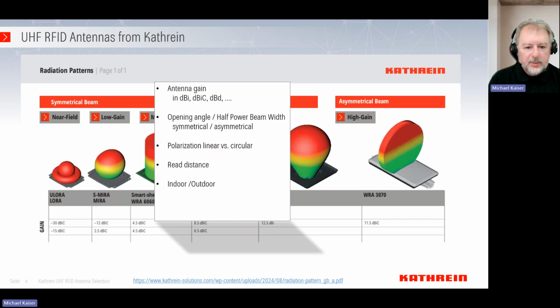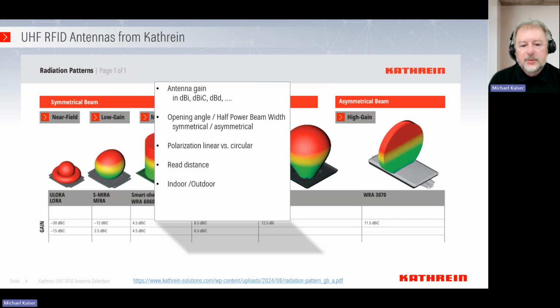The most important parameter of these antennas is, of course, the antenna gain, but here we have different units: dBi, dBic, dBd, and I will guide you through this and give you some ideas on how to select the right one. We will talk about the opening angles, meaning the half power beam width, which means how much energy will be focused in which area. We have symmetrical beams and asymmetrical beams, and I will guide you through this.